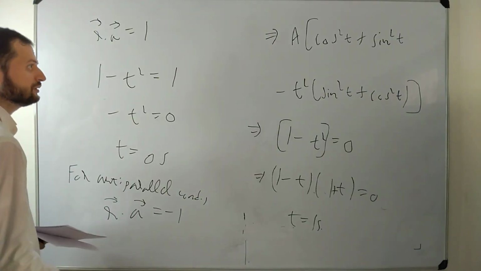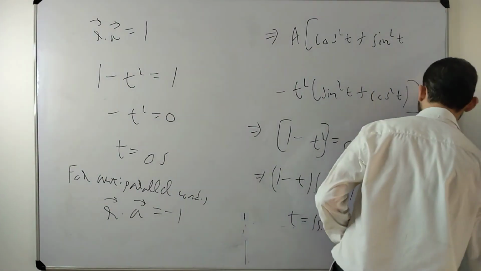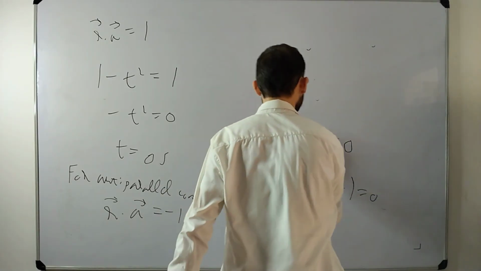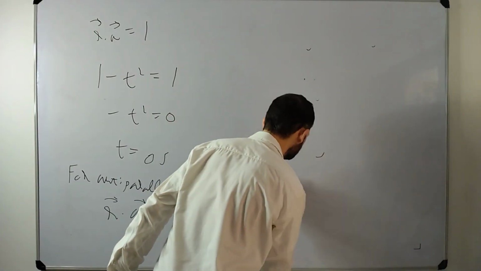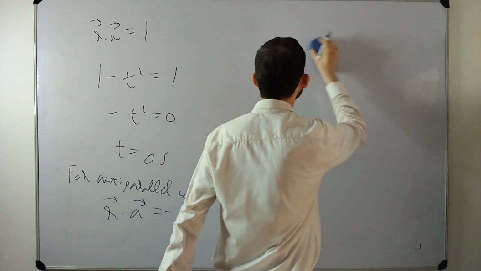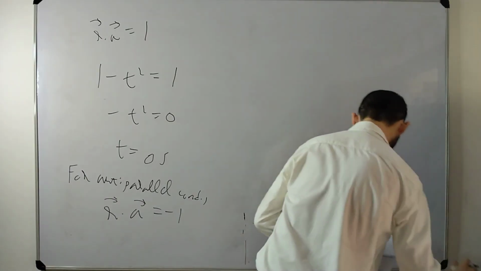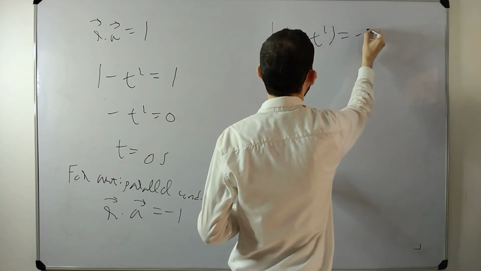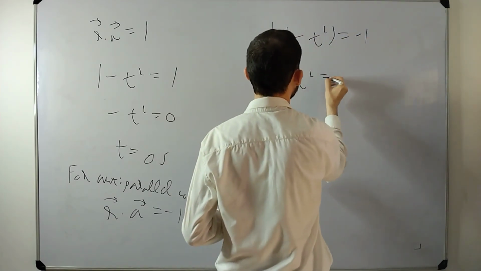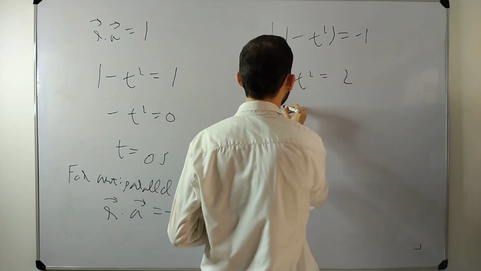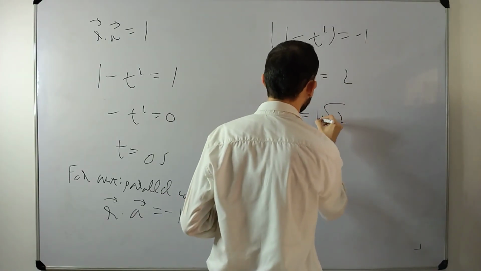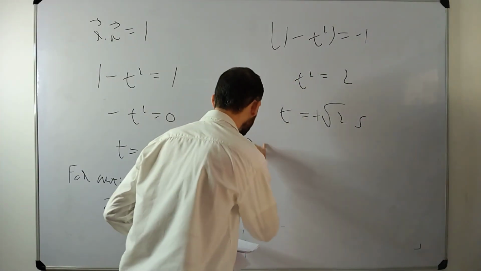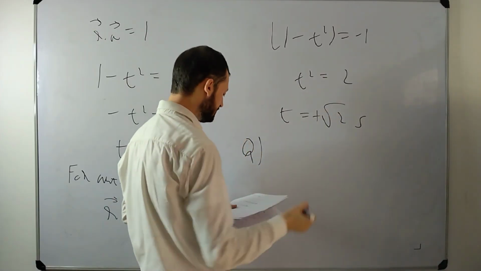Erasing this part and dealing with this, what did the answer come out to be? This comes out to be minus 1, so t square minus 1 equals minus 1 by t square, so t square is 2 and t is root 2 seconds. Next question. Time cannot be negative.